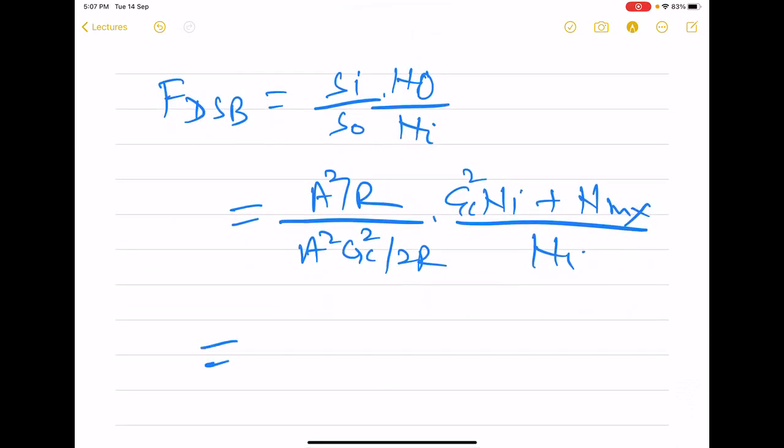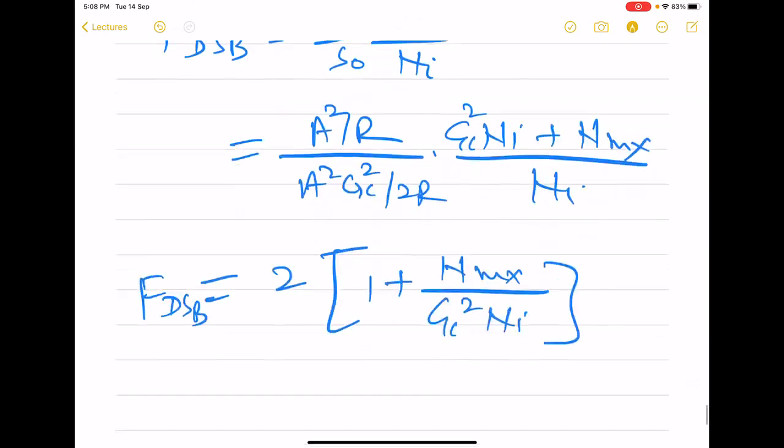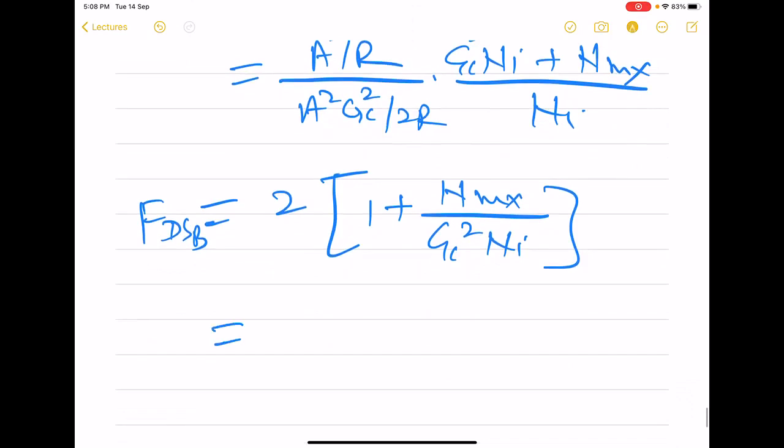If we carry out this simplification, this will turn out to be 1 plus N mixer divided by GC square Ni. And if you compare this with the previous result, we find that this is half of the F of the SSB signal.